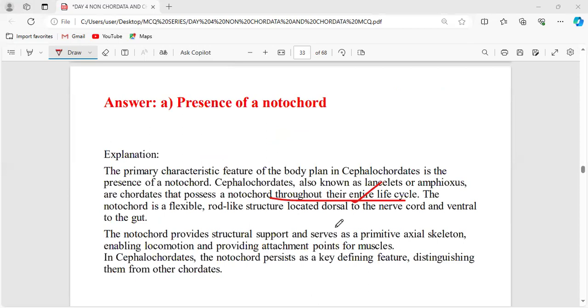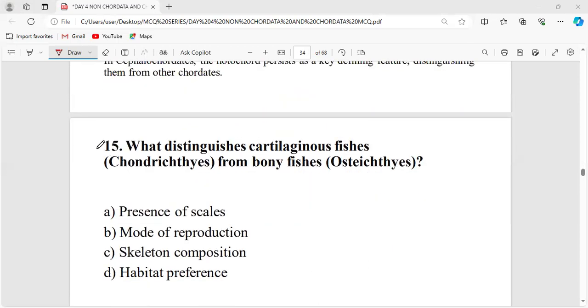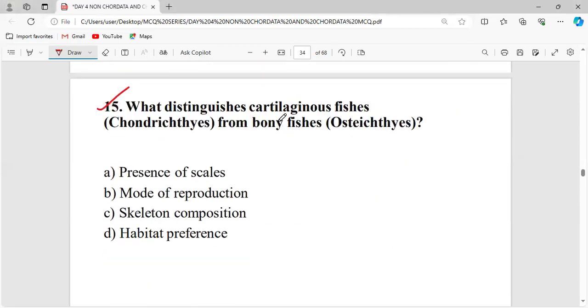Now, what distinguishes the cartilaginous fishes from the bony fishes? You should know that Chondrichthyes are the cartilaginous fishes and Osteichthyes consist of the bony fishes. What will be the distinguishing feature between these two types of fishes?